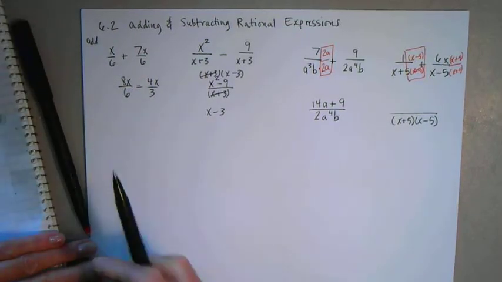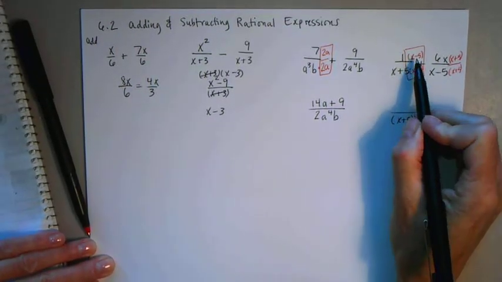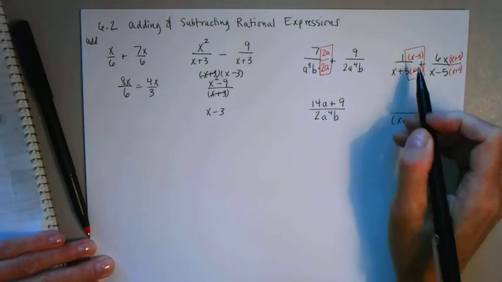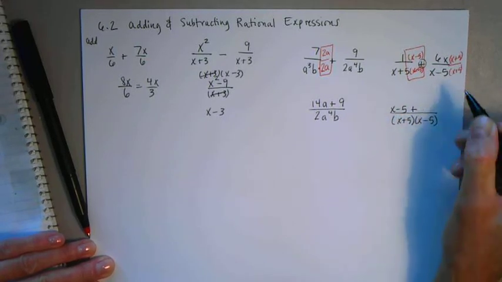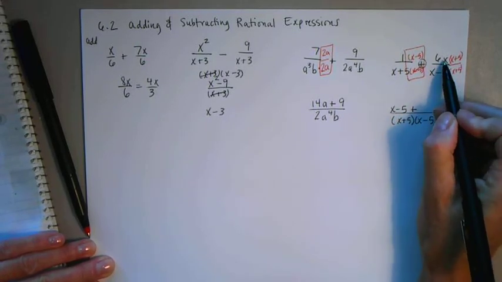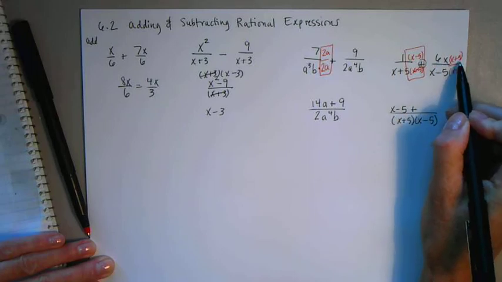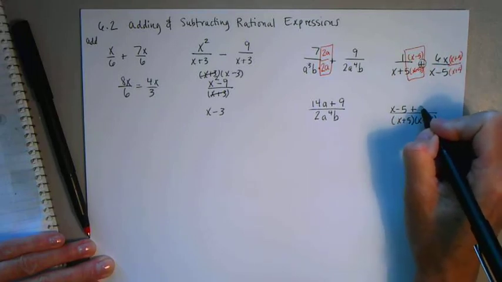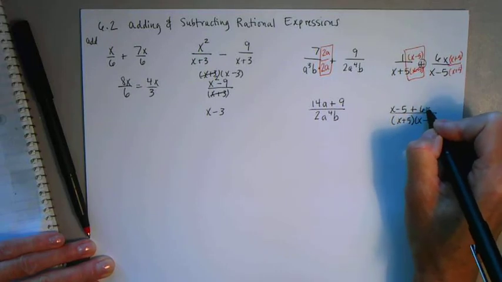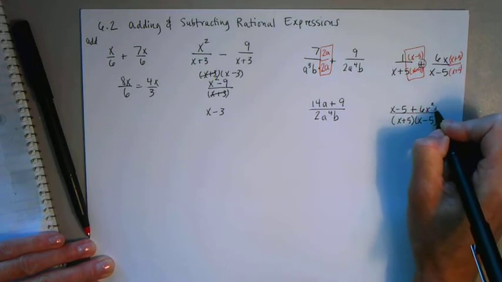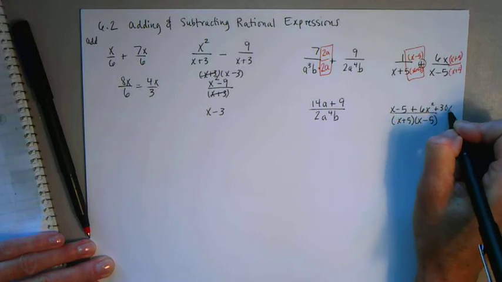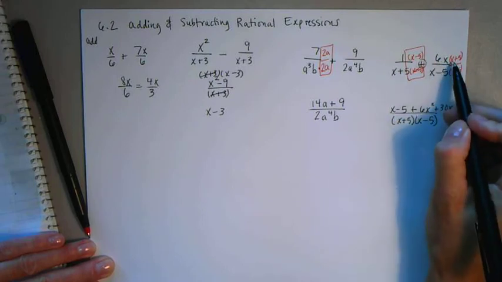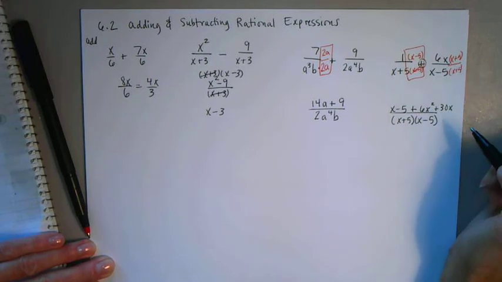So now in this step, I'm going to write after I multiply. So 1 times x minus 5, and write that. And here I have to distribute 6x through x plus 5. So I get 6x squared plus 30x, distributing 6x through x plus 5.